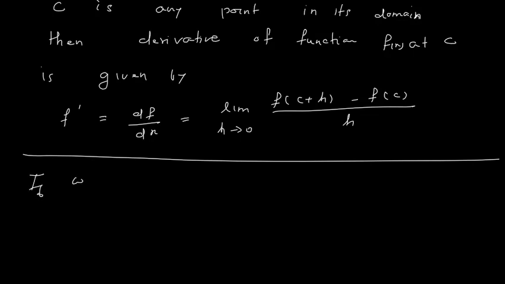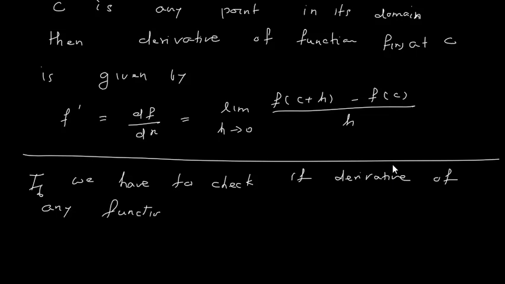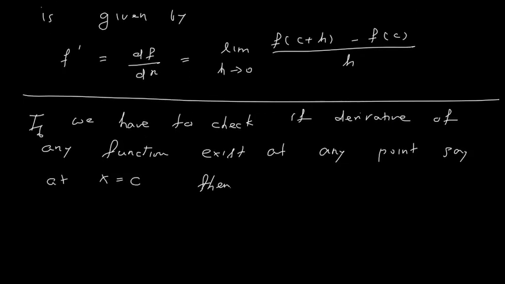If we have to check if the derivative of any function exists at any point, say at x equals c, then we find the left hand and right hand limit of the derivative and check if they are equal.